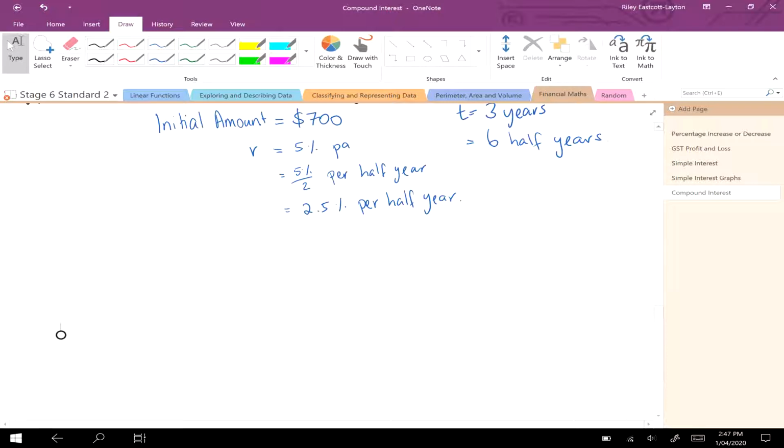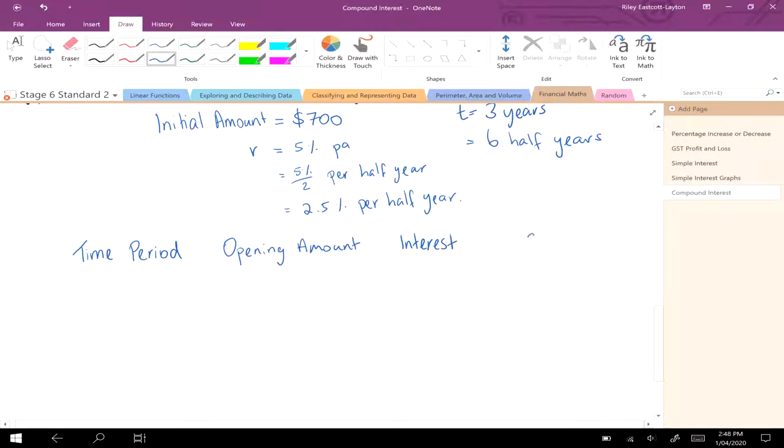So with our table, we're going to have a few headings. Our first one's going to be time period. The next one is going to be our opening amount. We're going to have our interest.